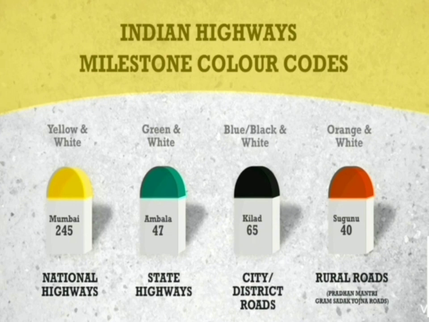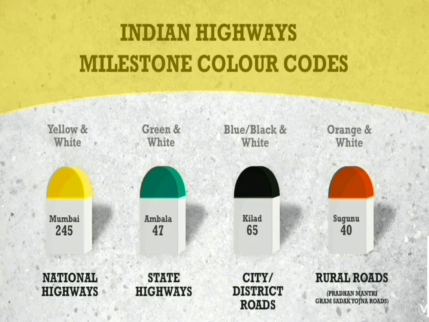Here are 4 types of milestones. Observe the first one carefully. It shows that Mumbai is 245 kilometers away. Now, the Indian Highways has declared different colors for milestones.